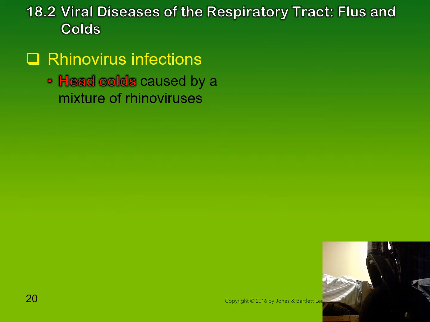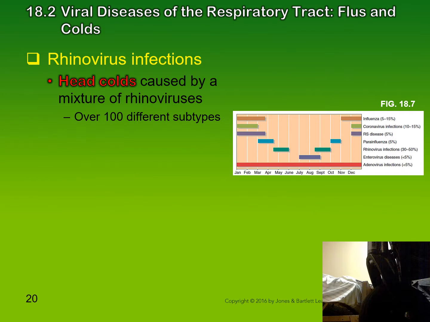So a run-of-the-mill cold would be from the rhinovirus family, and one of the things that is kind of interesting: we know that the rhinovirus is important here, but there is a big mixture of rhinoviruses. There are many different kinds of rhinoviruses.